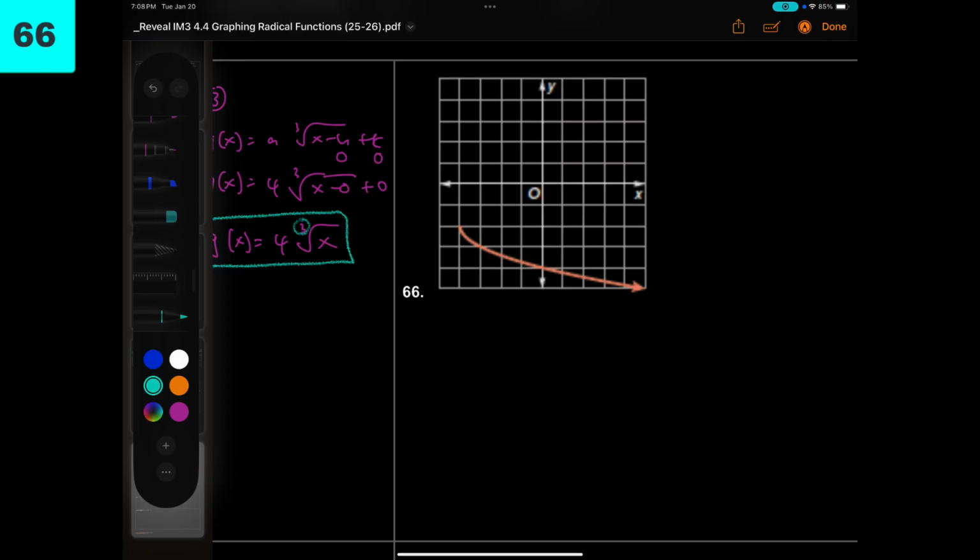Let's go ahead and identify. So here's my index. That's going to be a -4, -2. Some other point that I see is -3, -3.